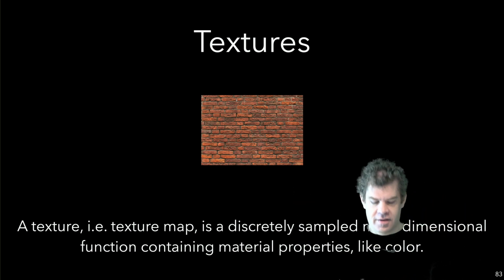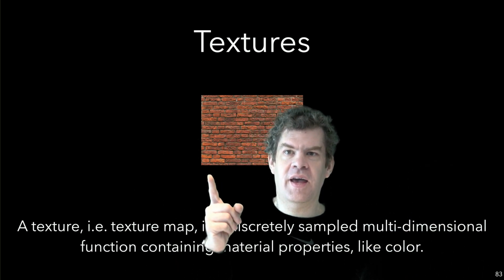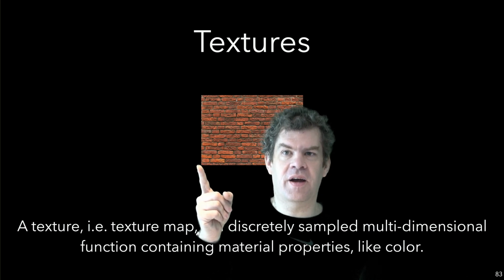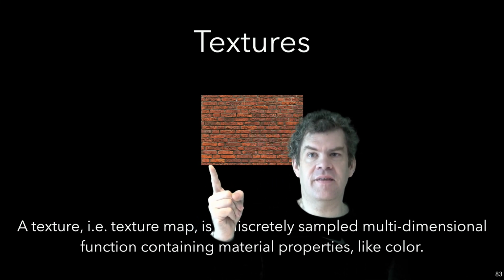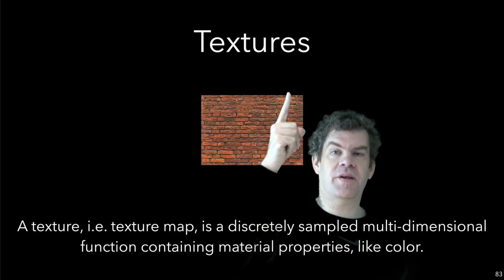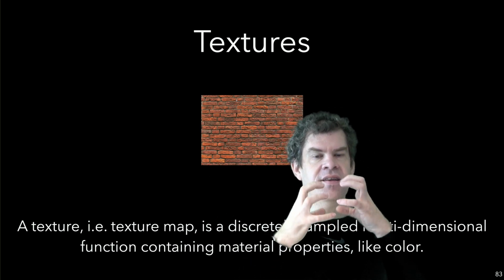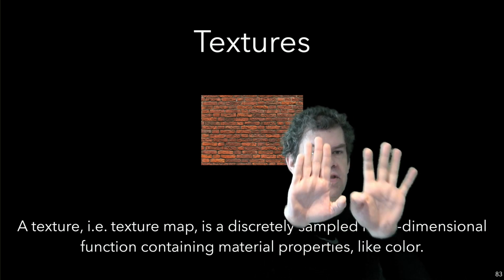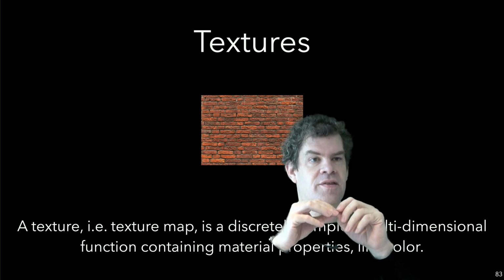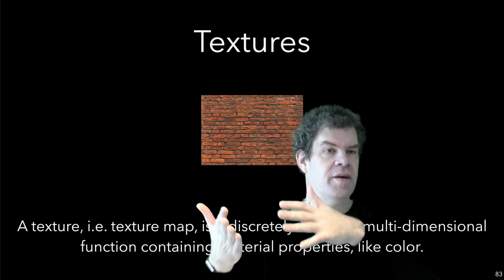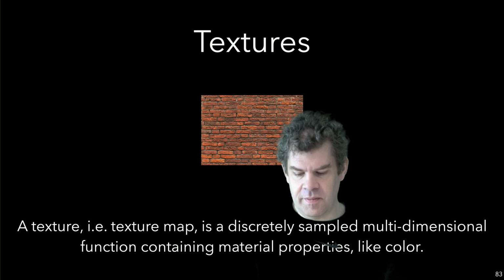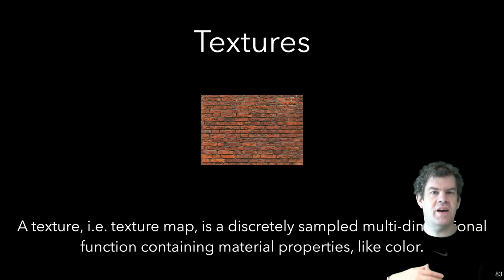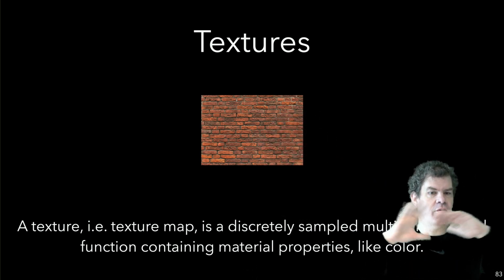So I say for x and y 0, 0, pick that one. For a slightly bigger x and still y equals 0, pick that one, and so on. For 1, 1, pick that one. So in this situation, sticking a picture to a surface and using this discretely sampled multi-dimensional function happen to be the same. So why did I make all this fuss and say don't do it this way?